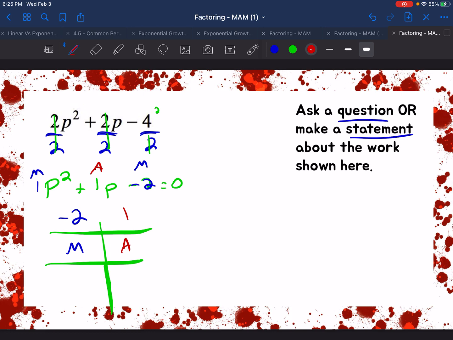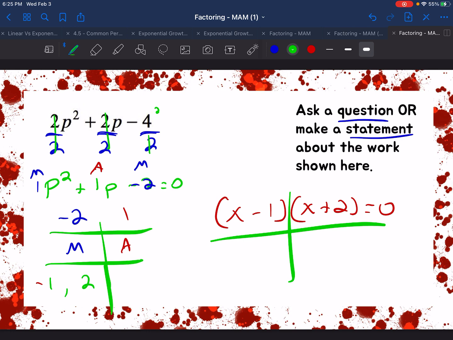There's only 2 numbers that multiply to 2, and that's 1 and 2. And if I want to add to a positive 1, I should keep the bigger one positive. So make that 1 negative. And then in my factors, I have x minus 1, x plus 2. What would my actual solutions be if I'm switching the signs? It's going to be +1 and -2.